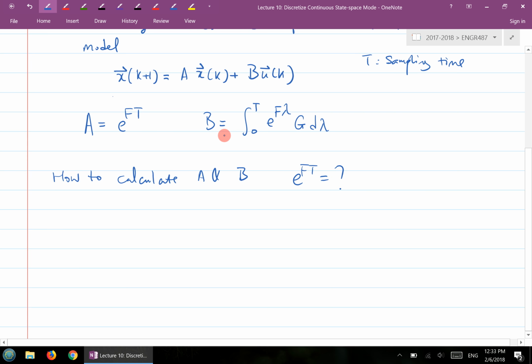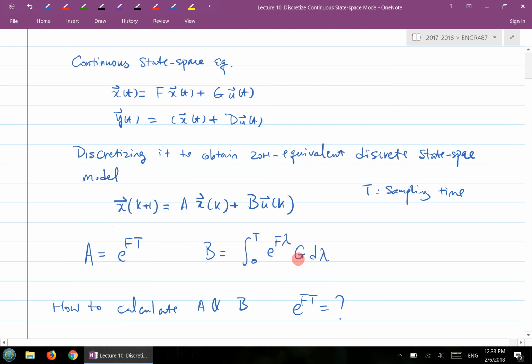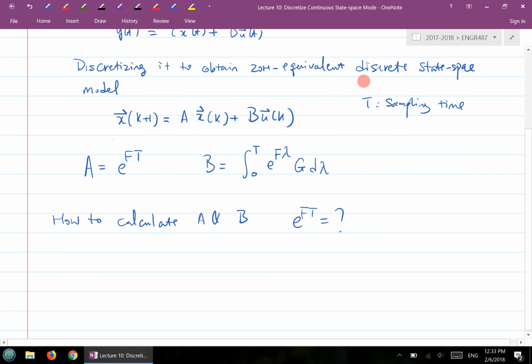Now if you recall, for the continuous state space model, in the previous lecture we derived the solution. I'll rewrite it here.